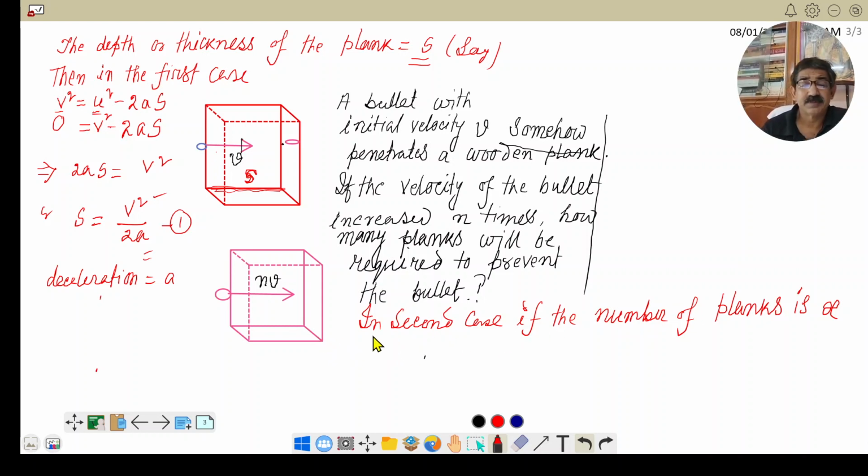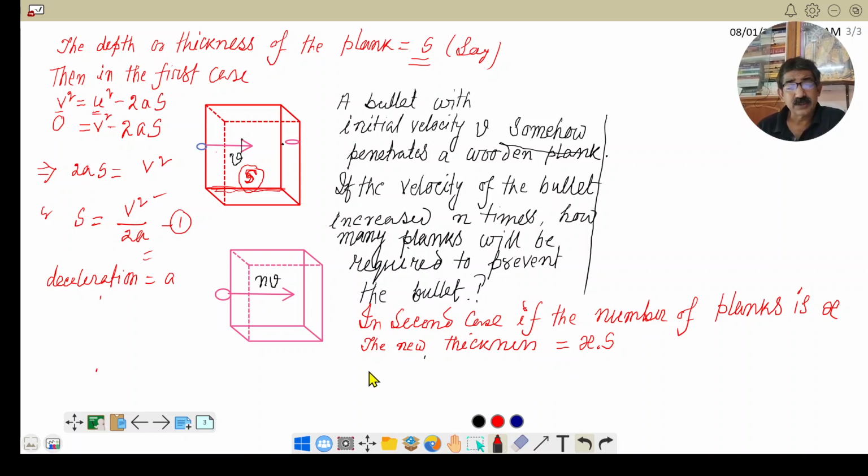For one single plank, the thickness is S. So for x planks, the new thickness is x into S. And the new velocity is nV.